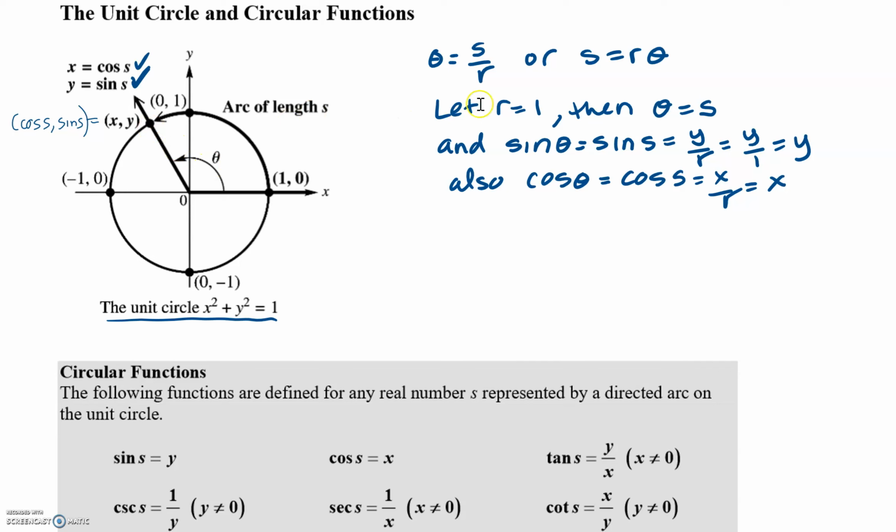Remember that s was equal to theta when the r was 1. So sine of s is going to be defined by just y. We saw that. Cosine of s is going to be x. Tangent, since it doesn't have any r in it, is going to be the same definition as before. Cosecant is 1 over y, since cosecant is 1 over sine. And the same thing with secant. Secant is 1 over cosine, so it's 1 over x. And cotangent is 1 over tangent, so it's x over y.